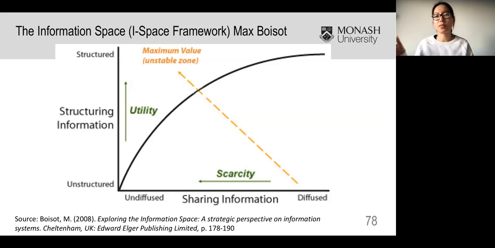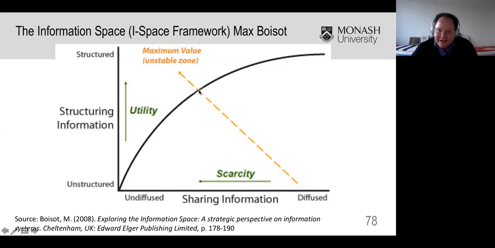And the more diffused the information, the more people can use it. But at the same time, as you mentioned earlier in the class, it's a matter of having a competitive advantage or not. If the information is more diffused, you don't have that advantage anymore. So the maximum value would be at that orange tangent here.